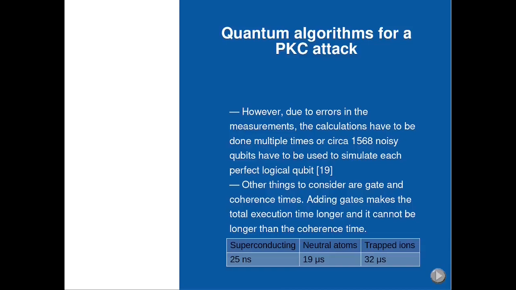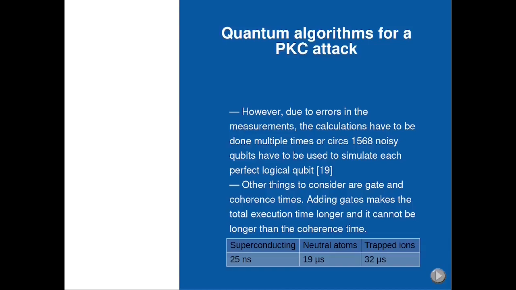And there are some ways to mitigate these errors, and I mean, error treatment is a science in itself. It's not easy to do this, but some of the ways are doing the calculations multiple times, or putting noisy qubits together to simulate one perfect logical qubit.